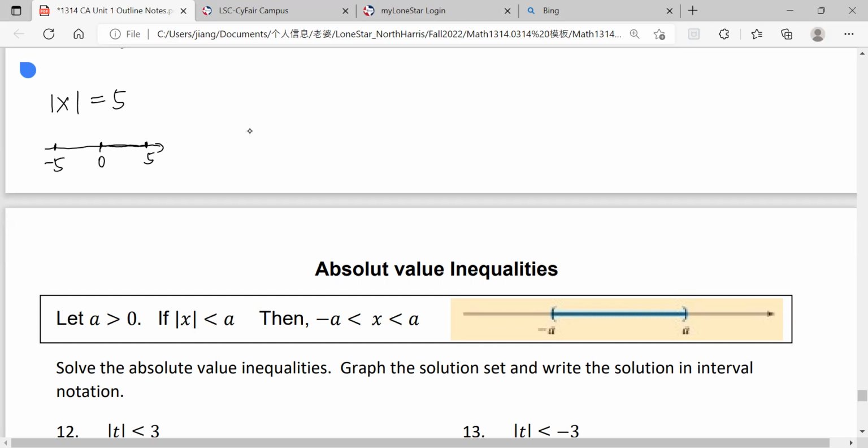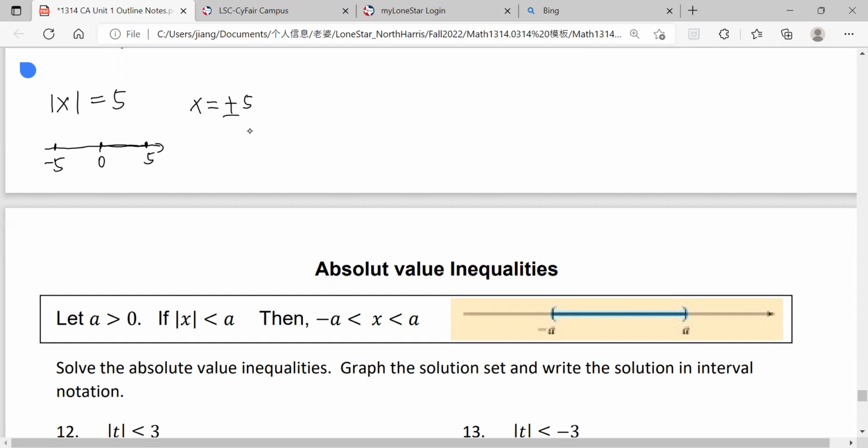So distance means the positive value. So that means x equals -5 and +5 all give me the distance equals 5. So x could be +5 or -5 because the absolute value means the distance.